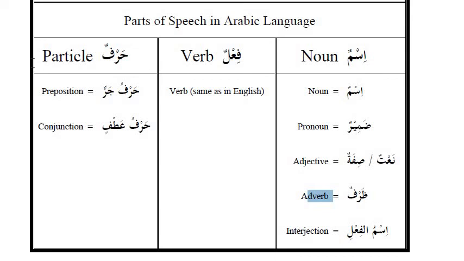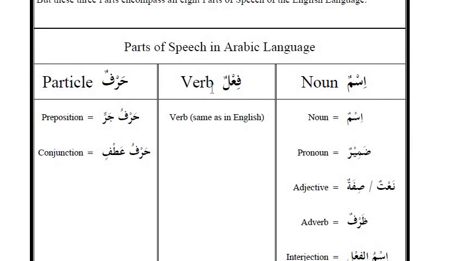And Arabic حرف include English preposition and conjunction. And Arabic verb فعل is coextensive with English verb.